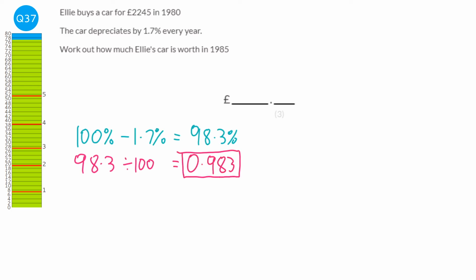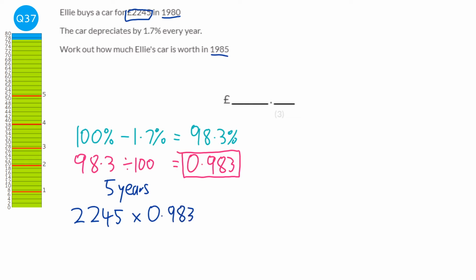The beautiful thing about a multiplier is we just need the amount of years. It says from 1980 to 1985, so that's going to be 5 years. So what we do is we get the original amount, which was 2,245, and times it by the multiplier 5 times.